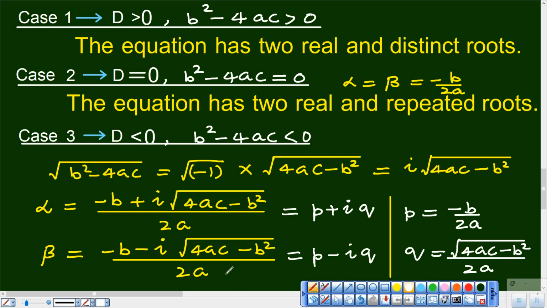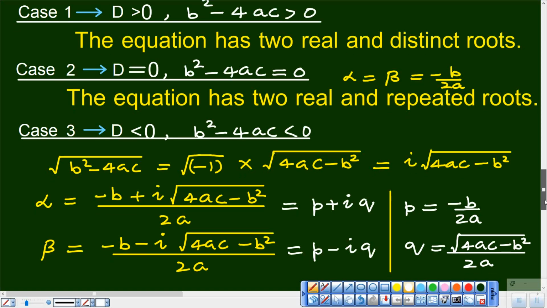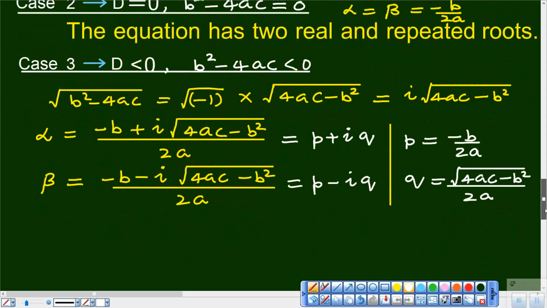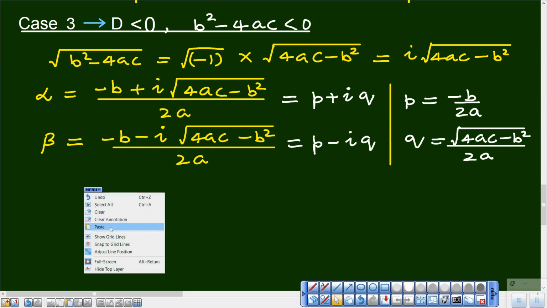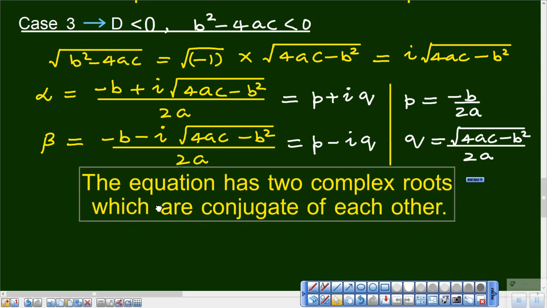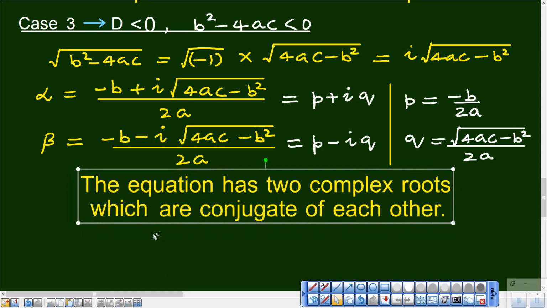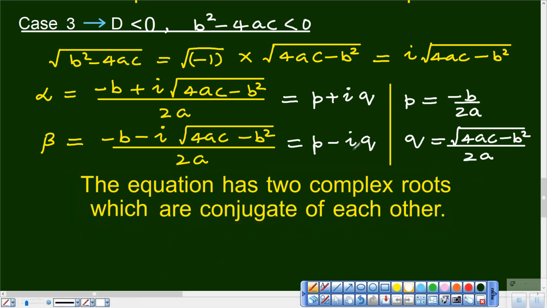And the inference can be written as, in this case, the equation has two complex roots. Aren't they complex? The equation has two complex roots which are conjugates of each other.